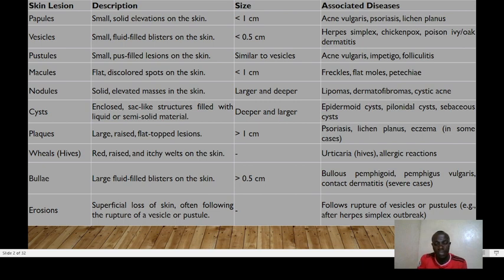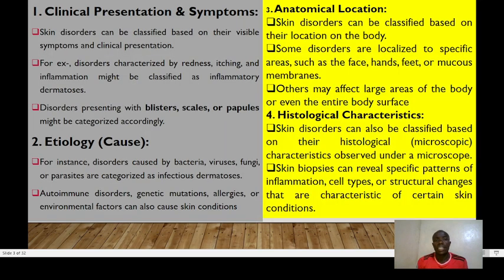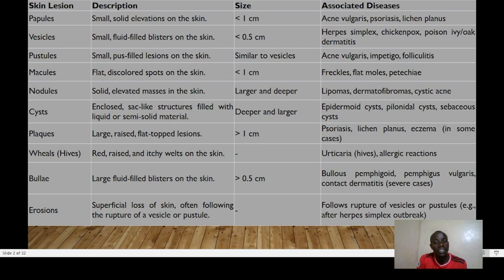So guys, skin disorders are generally classified based on different criteria. We could have clinical presentation and symptoms. Skin disorders are classified based on the visible symptoms and clinical presentation. For example, we could have disorders characterized by redness. Okay, and what did we say redness is associated with, guys?